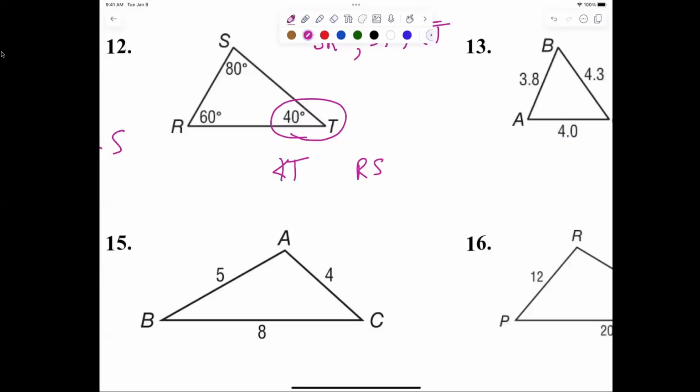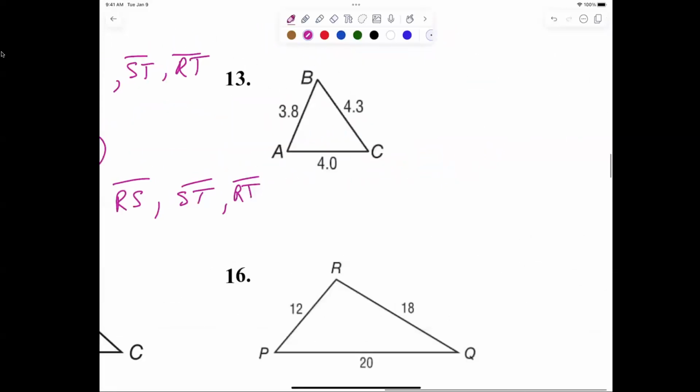Now angle R is next, correct? So then I know it's just what? ST. The other two angles are what? RT. It's not like you have to even know that. But if you just identify the smallest angle, T, then just write the other two letters. That's what I'm trying to say.